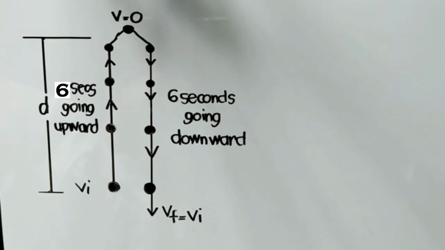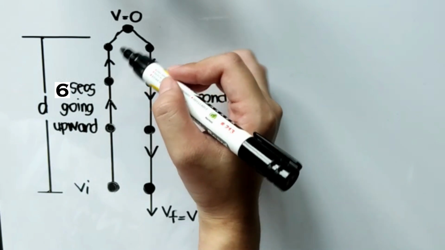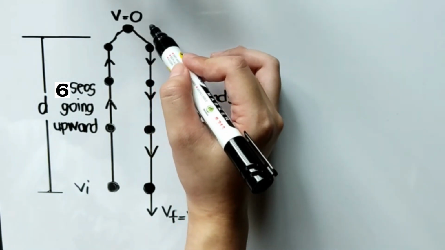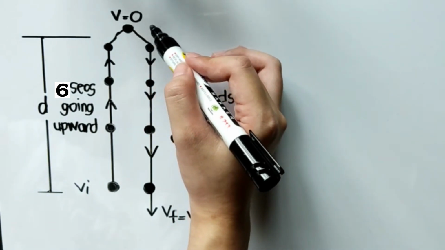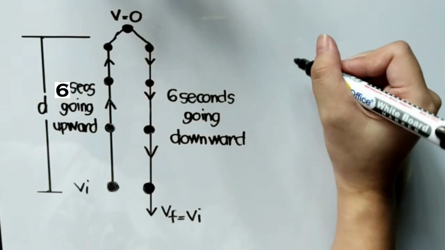We will solve first the initial velocity, and for us to determine it, we will first identify the given. Its direction is upward. The velocity at the highest point is 0 because it will stop before it falls to the ground. It also says here that it reached the ground after 12 seconds.